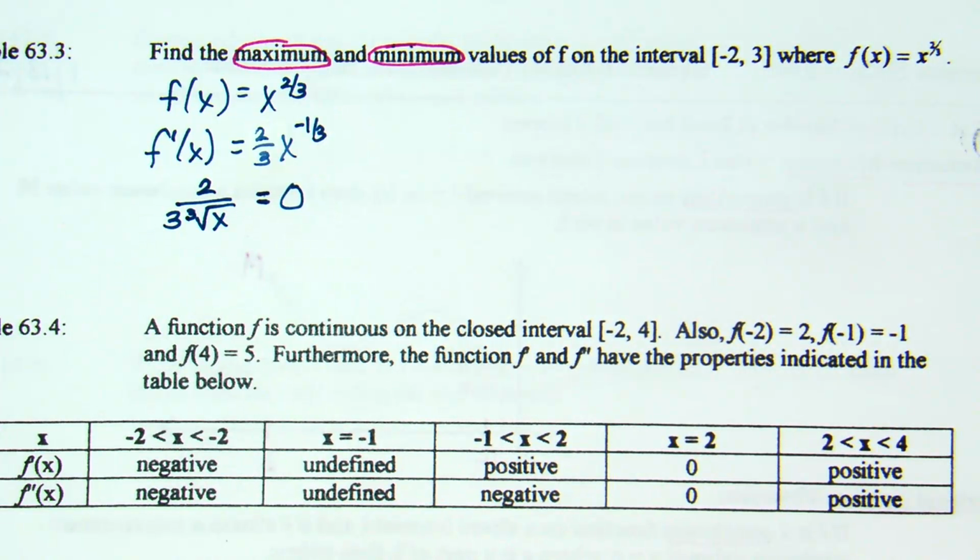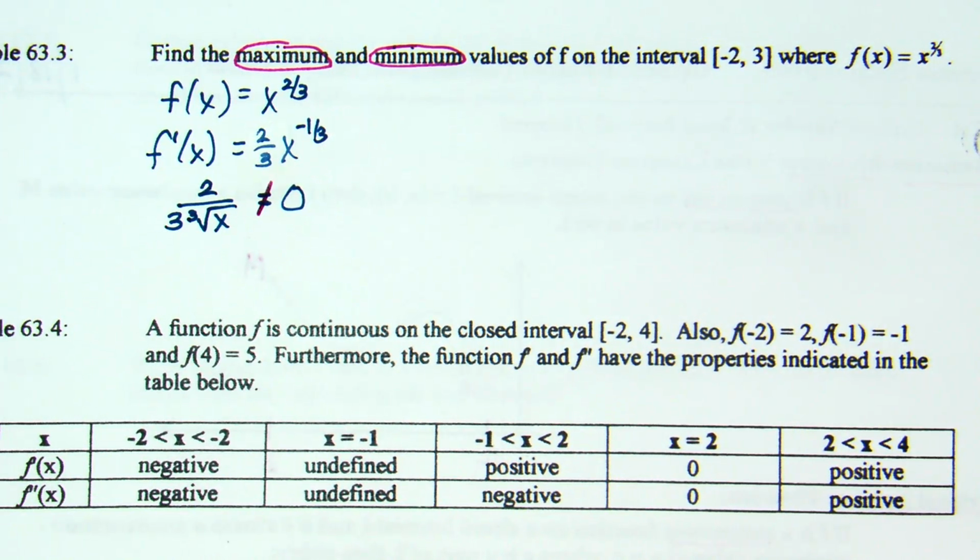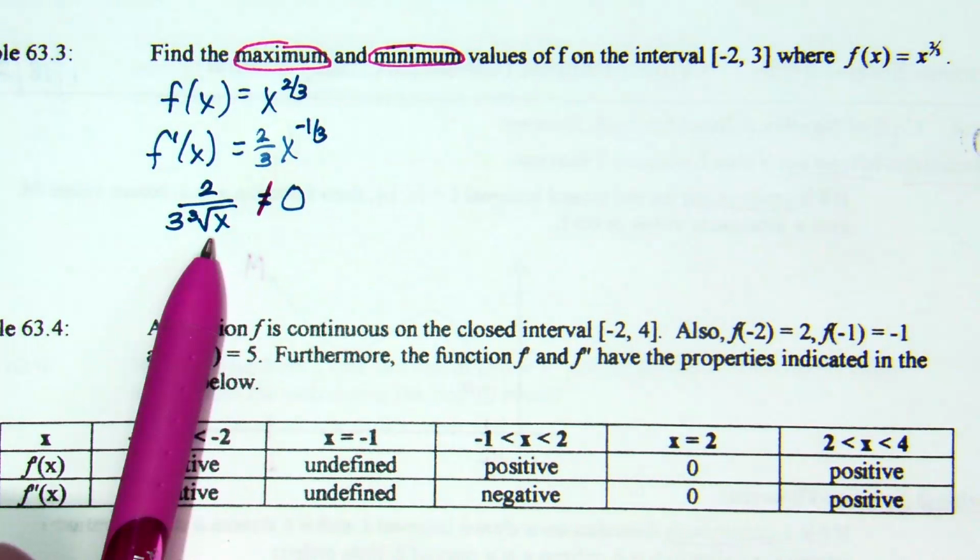Okay. Now, what's the catch in the bottom? What can you not put in that denominator? Like, what value for x cannot go in the denominator? 0, because it makes the fraction undefined, right? So this fraction's never going to equal 0.